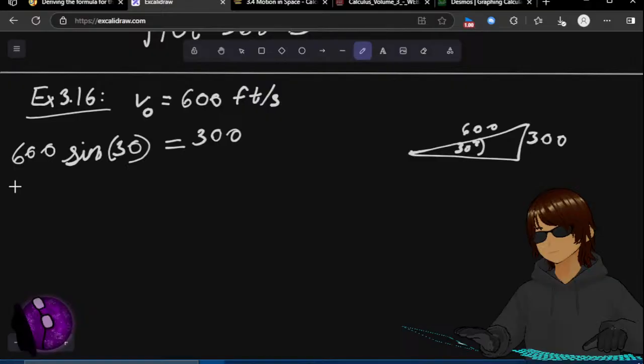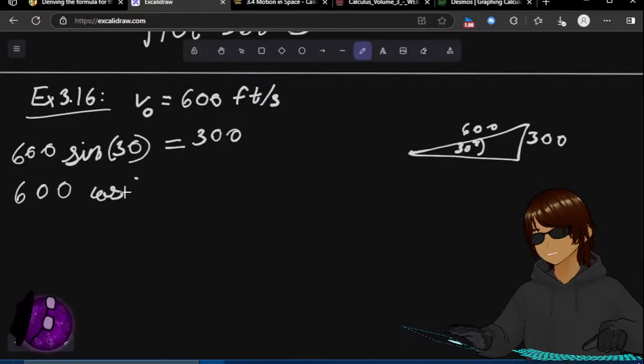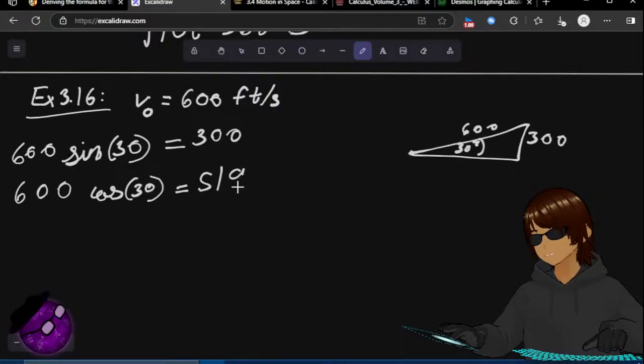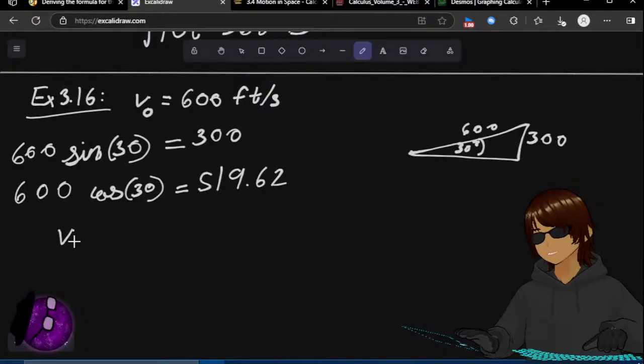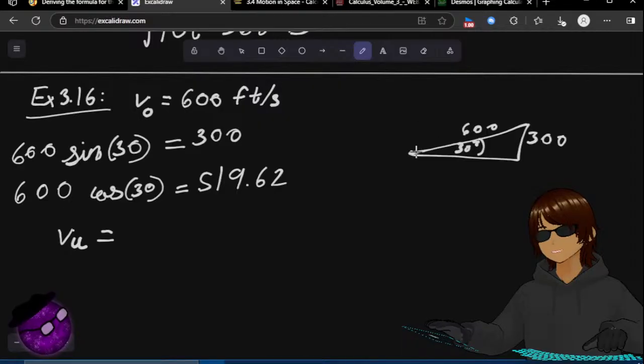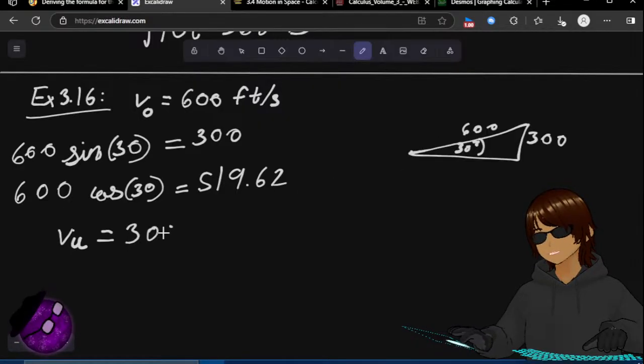Okay, yeah. 600 cos 30 is equal to 519.62, which is this speed over here. So V initial velocity up, VU, is when initial velocity is only in the up direction, which is 300 feet per second.